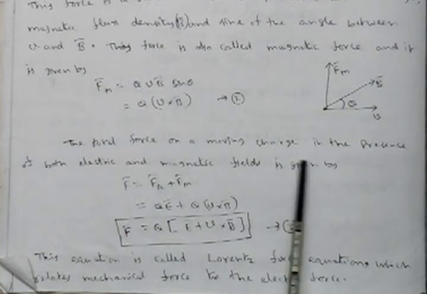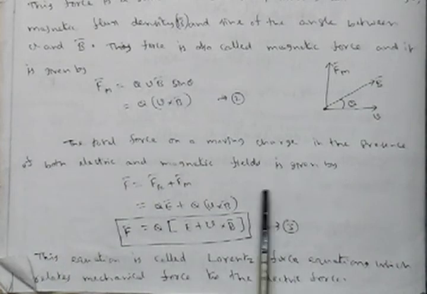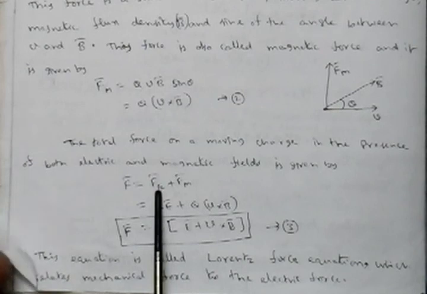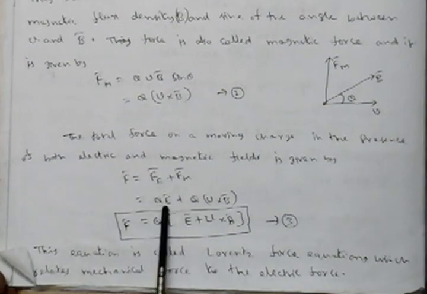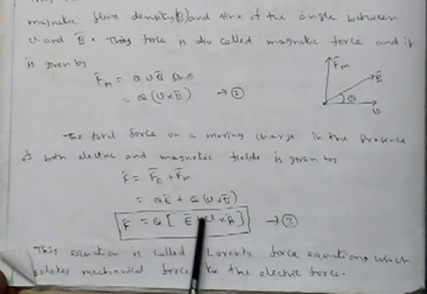Now the total force on a moving charge in the presence of both the electric field and the magnetic field is given by the summation of the electric field force and the magnetic field force. The electric field force is Q E bar, and the magnetic field force is Q of v bar cross B bar.